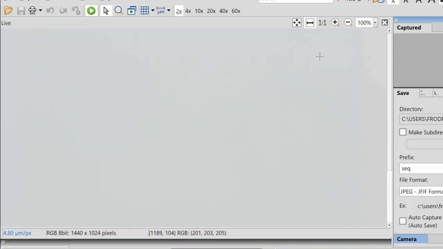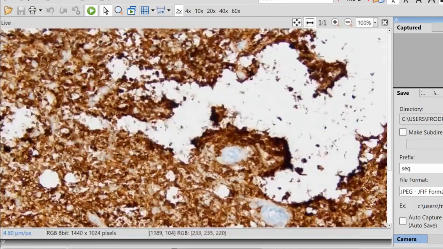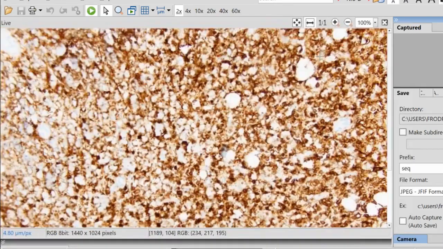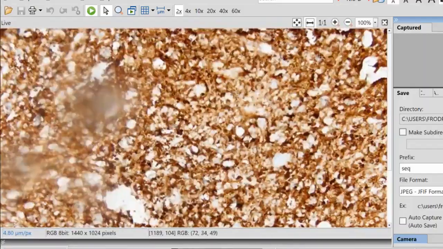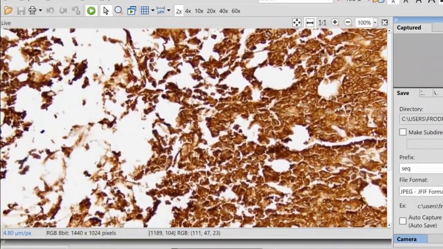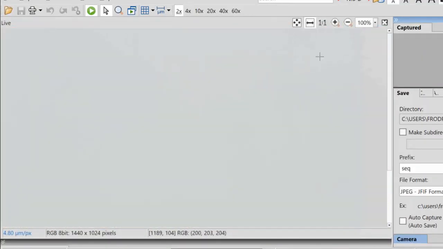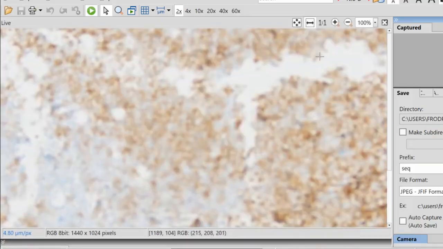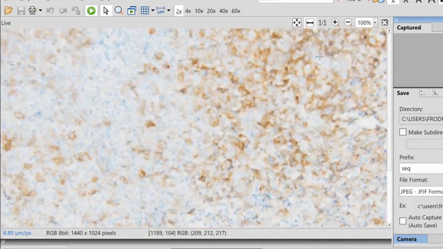The main stains that were positive here were CD43. That was the strongest marker, uniformly expressed. CD43. KIT.